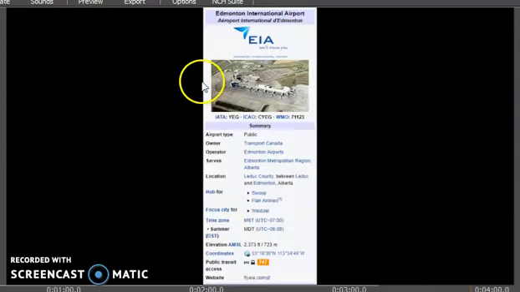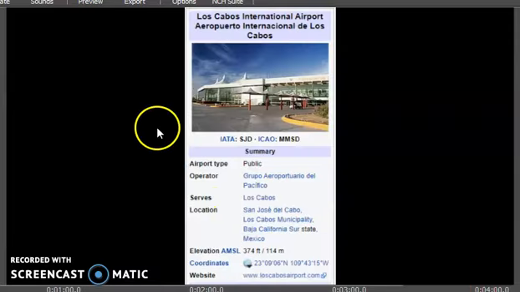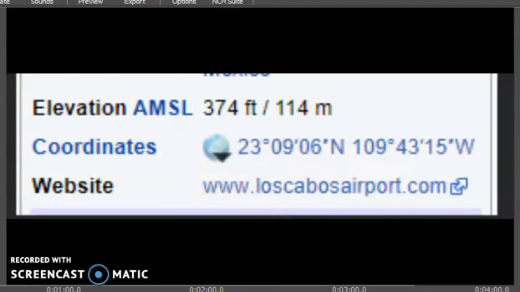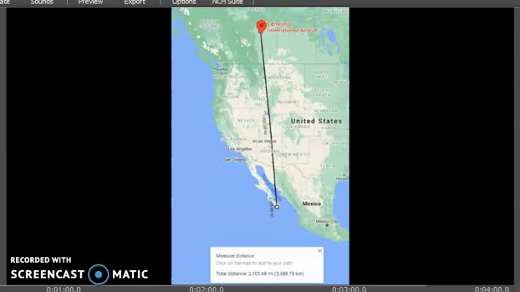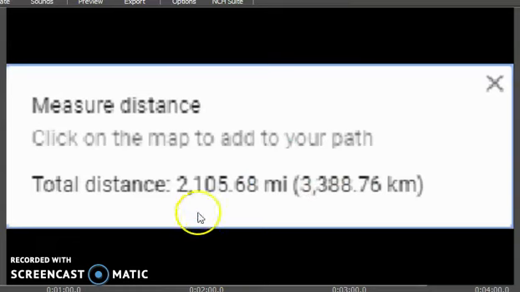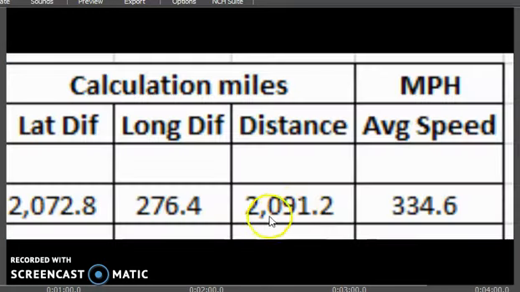And then the second example, the flight path from Edmonton International Airport at 53 degrees north to Los Cabos, Mexico, 23 degrees north, and it is a 6-hour, 15-minute flight duration, and the distance is 2,106 miles, and I did the same thing, and I came up with 2,091.2 miles.